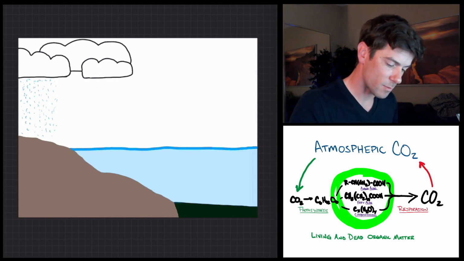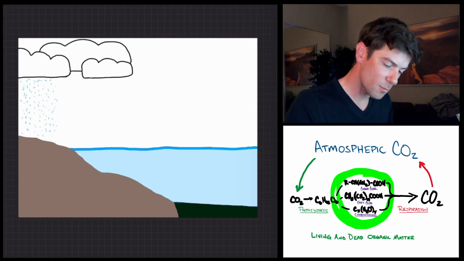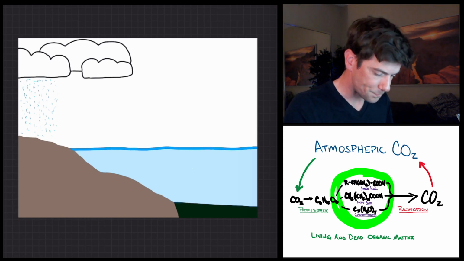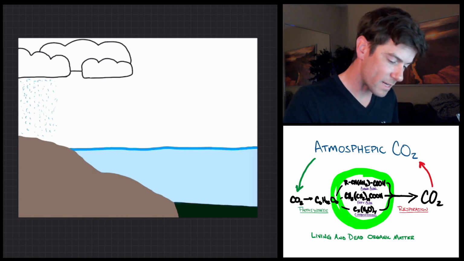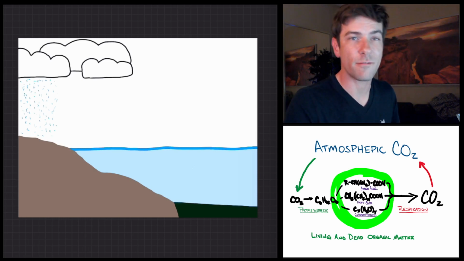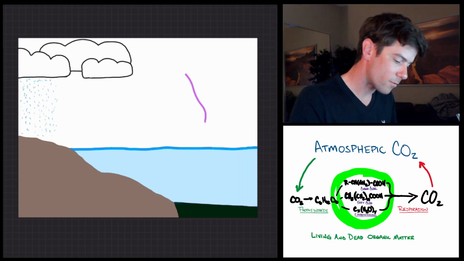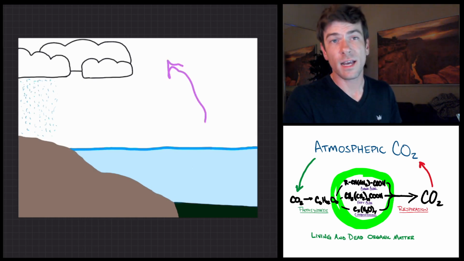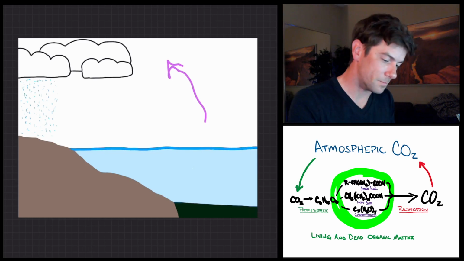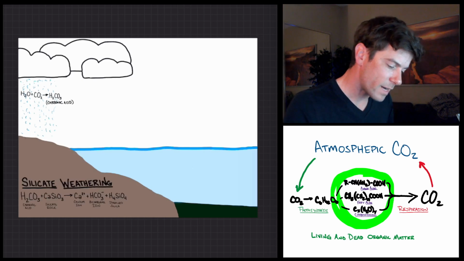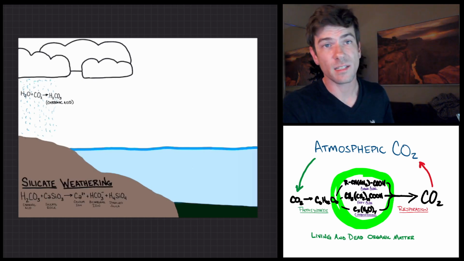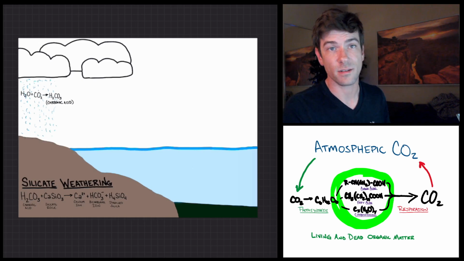There's also the long-term carbon cycle, right? And the long-term carbon cycle is kind of made up of the inorganic side of things, and so we have water evaporating from the ocean into the atmosphere, and it's condensing and forming rain. That rain combines with carbon dioxide in the atmosphere to form carbonic acid.